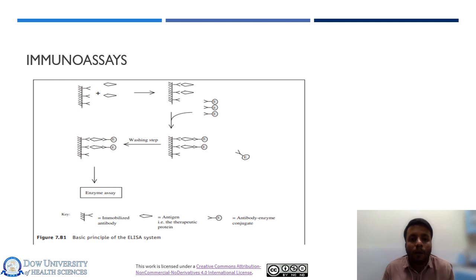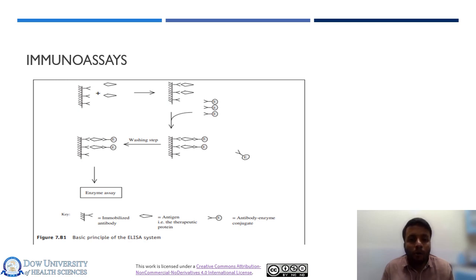Now, what happens, as you can see in ELISA, the target antigen is first immobilized on a solid surface, usually a microplate, as the ones you can see in the lab as a well plate. Then any specific antibody is added to the surface which can bind to the antigen, forming an antigen-antibody complex. After the formation of the complex, we wash away any unbound antibody.